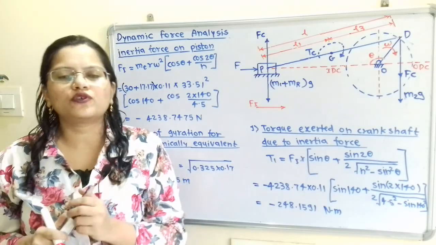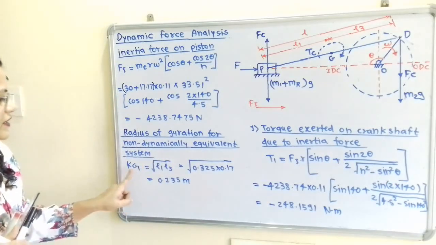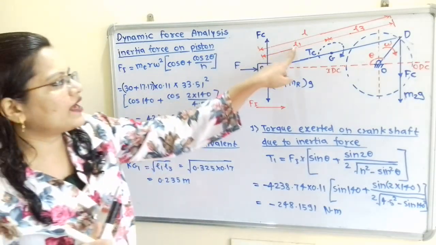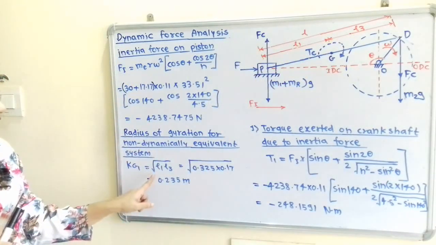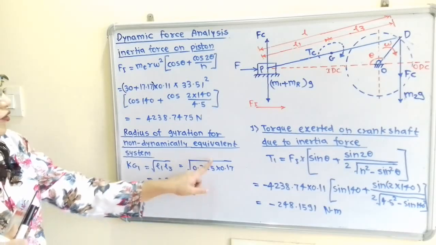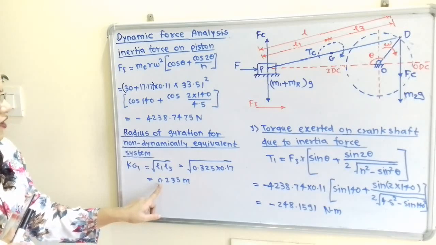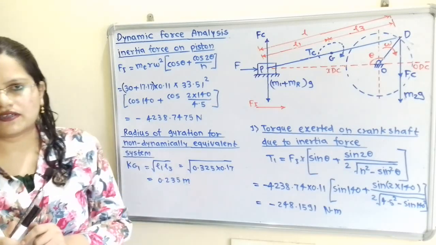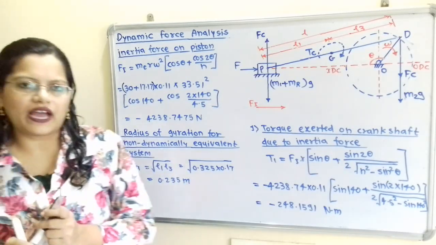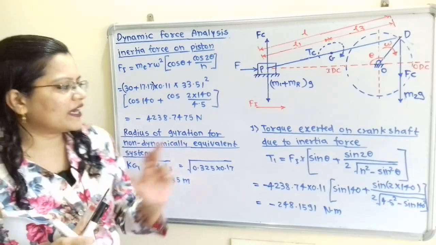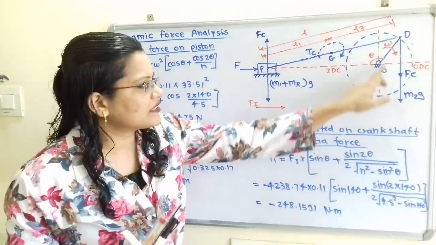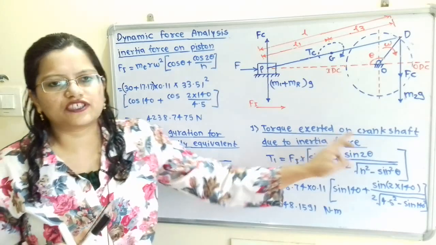Here we have to use the suffix 1. That is kg1 is equal to under root of L1 L3, which is equal to under root of 0.325 into 0.17, which is equal to 0.235 meter. So this is the radius of gyration. Now we will calculate the torque exerted on this crankshaft due to inertia force.